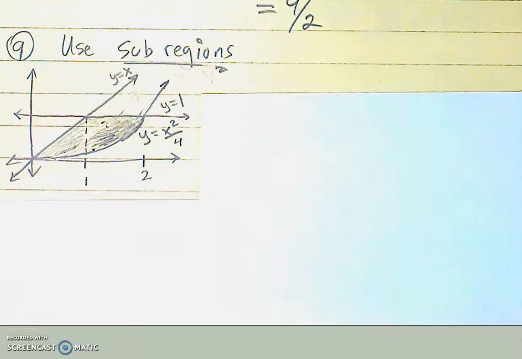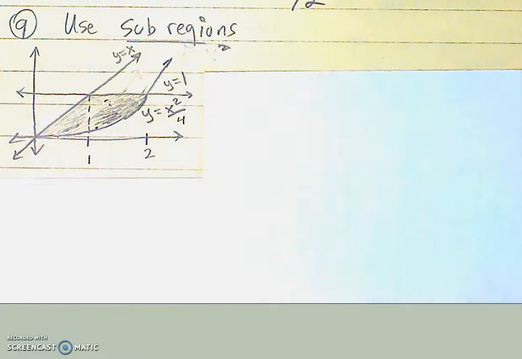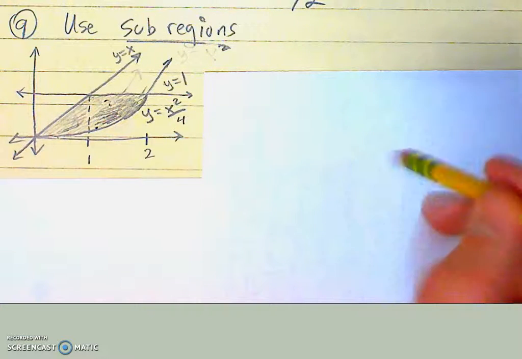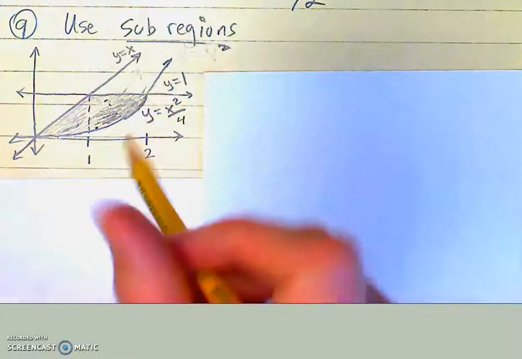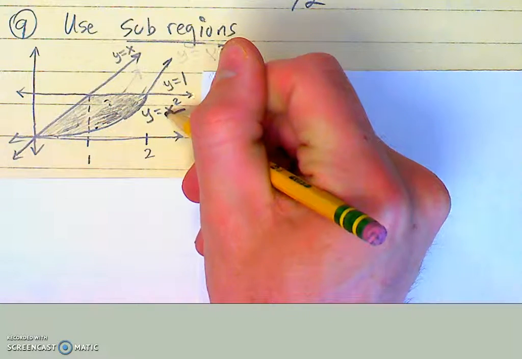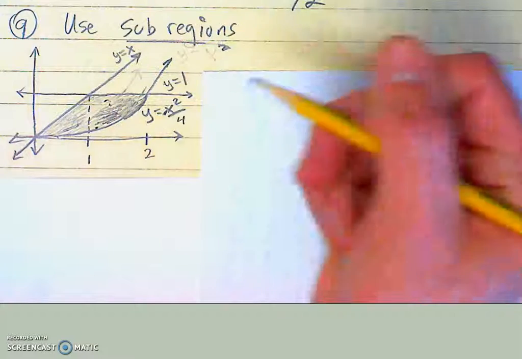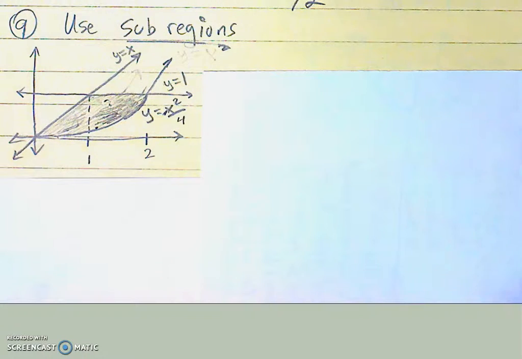So now looking at another example, and this one might actually be found in your homework assignment. We can think about finding this shaded area by breaking it down using subregions, especially if there's more than one function involved.